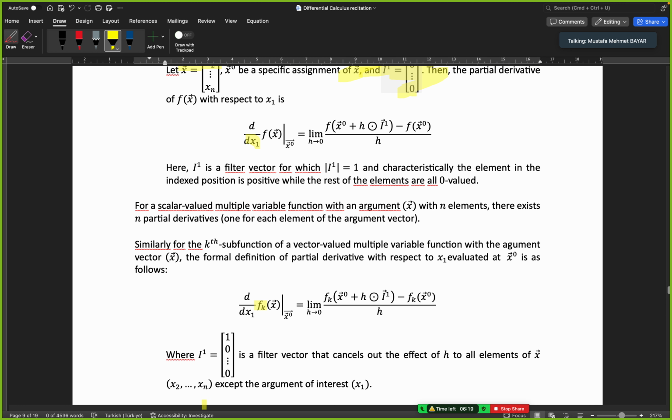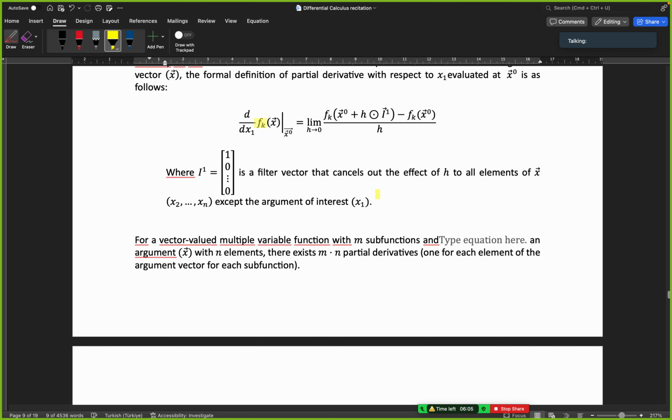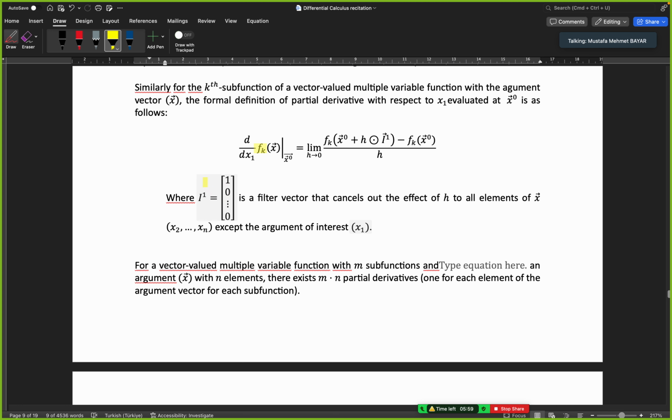So this is the general formula for multivariable functions and their first-order partial derivatives. There's some other thing I should mention, and that is the length of I, this filter vector, should be always 1. Let me just continue.